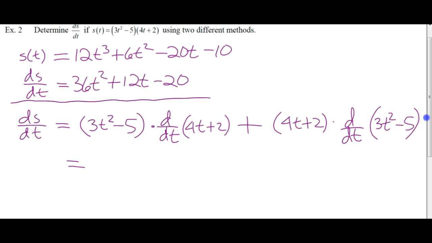Okay, so 3t squared minus 5 is just that. And this derivative is?